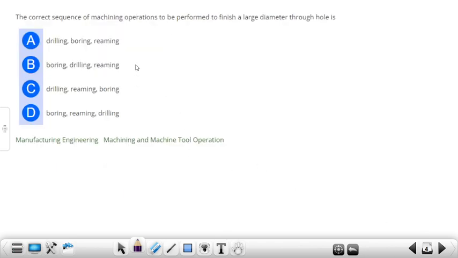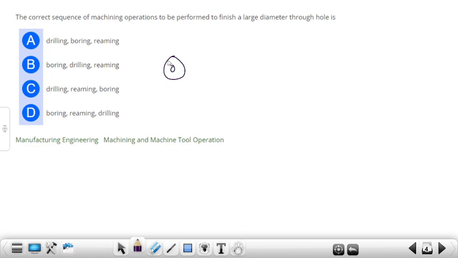The correct sequence of machining operations to be performed to finish a large diameter through hole. So we have to first perform drilling, which makes a small hole, then boring, which makes it relatively larger than the drilling, then reaming.